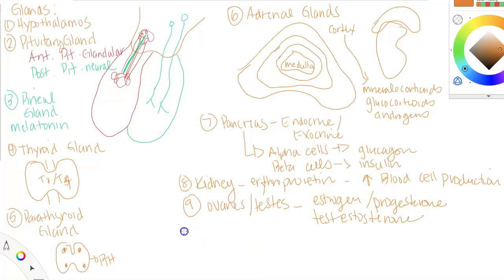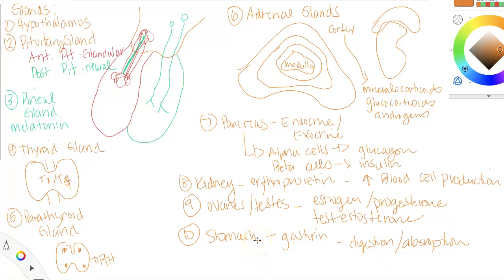And lastly, we have the stomach. And the stomach secretes gastrin. So gastrin is a hormone that targets the stomach and increases motility to increase digestion and absorption and that kind of thing. So it has an effect on digestion and absorption of food.